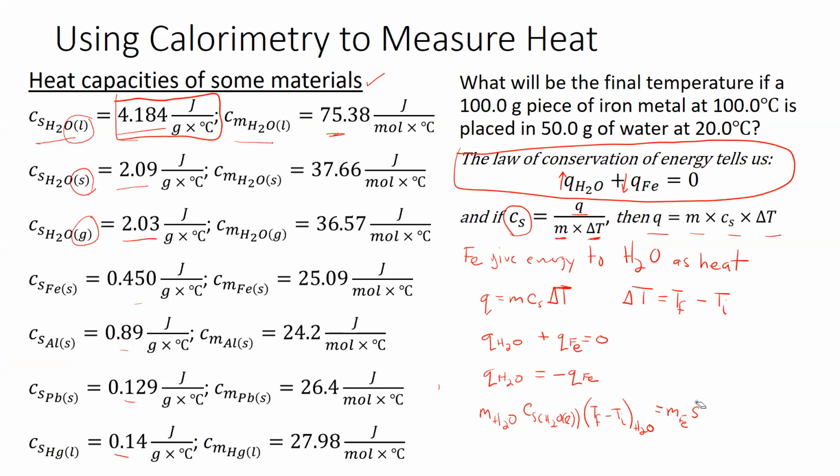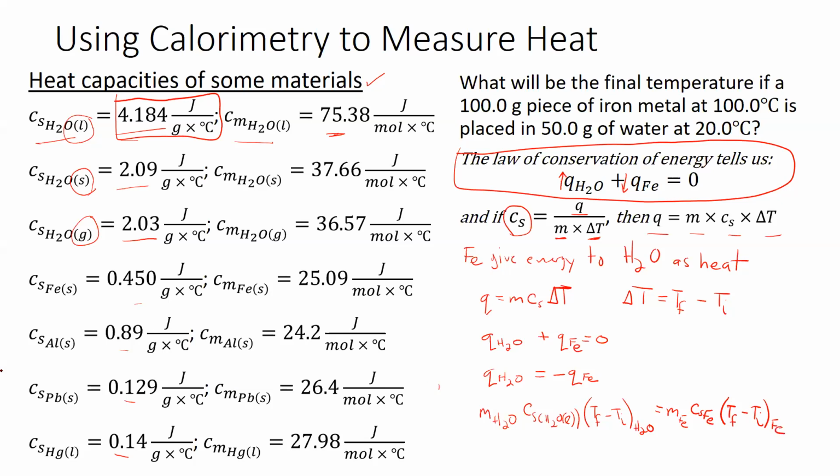Times the C sub S, so times the specific heat of iron, times the delta T of iron, which is T final minus T initial for the iron.